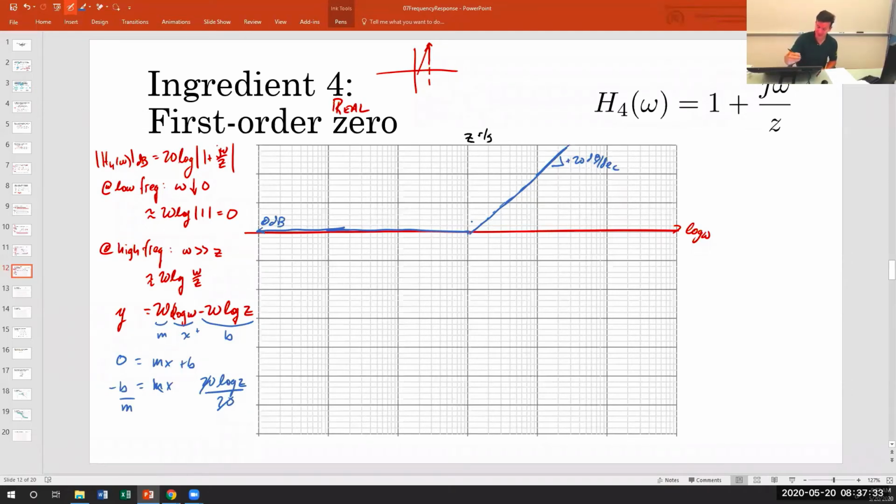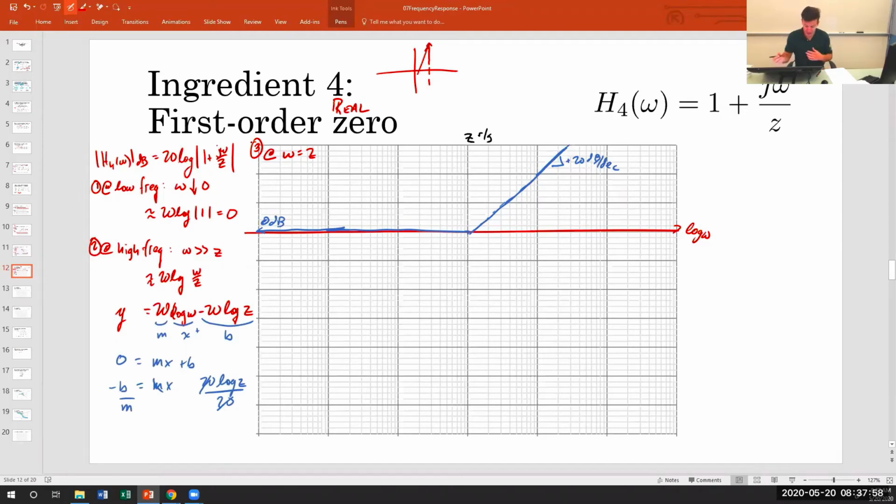So let's analyze whether that's valid. It might be true, right? It's possible. We could figure it out if we do a third case. So let's say at omega equals z. So I see these as three cases. Here's the low frequency case, here's the high frequency case, and here's the kind of mid frequency case.